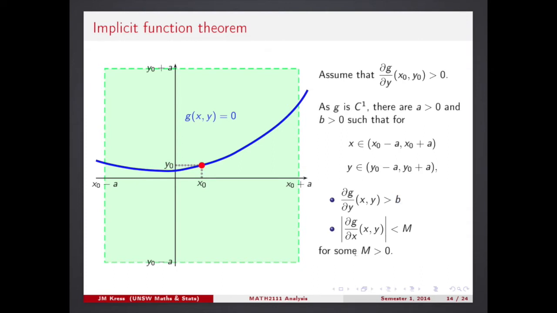The other thing is the min-max theorem. A function always attains its max and attains its minimum. That's why the other partial derivative never exceeds some number. It may be a very large number, but still there is a number which controls every possible value of my second partial derivative across this green box. That's another thing which comes from the continuity.